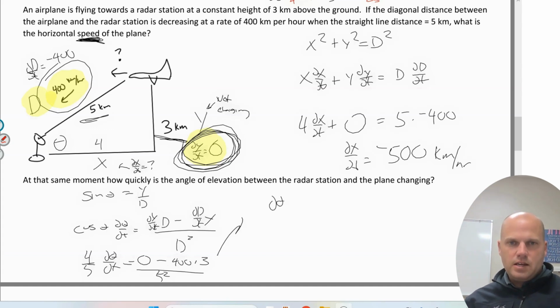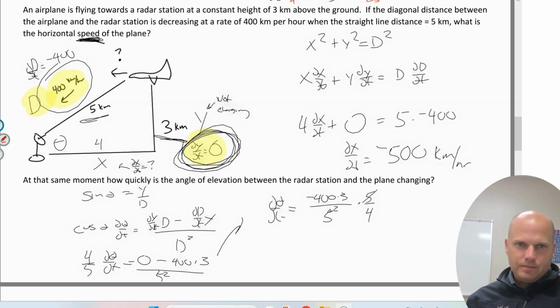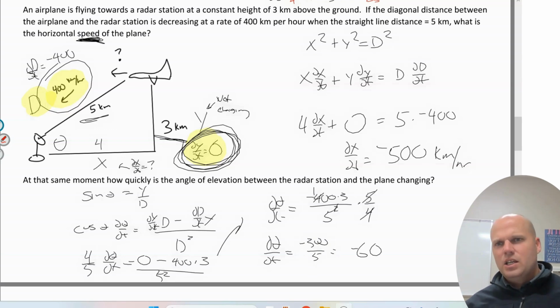So I get d theta/dt equals negative 400 times 3 over 5 squared times 5 over 4. Things do cancel nicely. This 4 turns into a 100. So I have negative 300 over 5, which is negative 60.